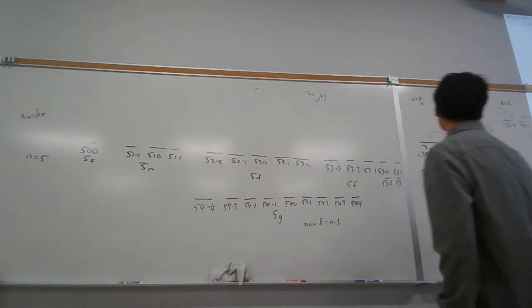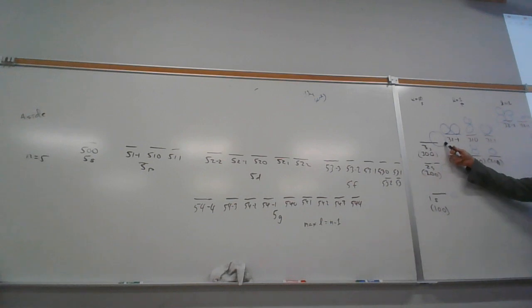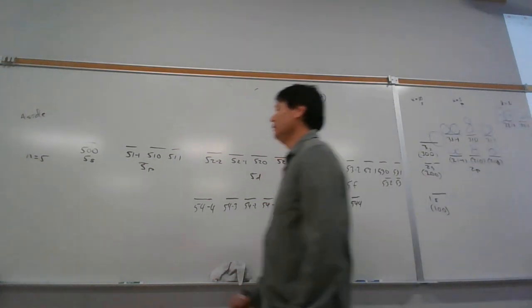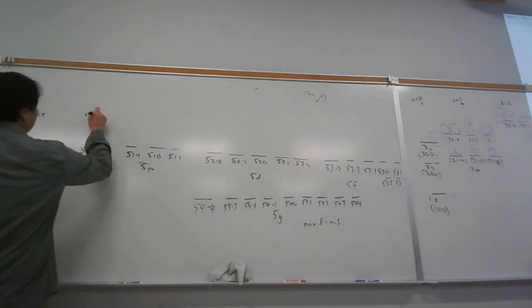How many total orbitals are here in the n equals 3? 9. How many total orbitals in n equals 2? How many total orbitals in n equals 1? Do you see the pattern? What is the pattern? Yeah, it's n squared. There's going to be n squared orbitals for each n.